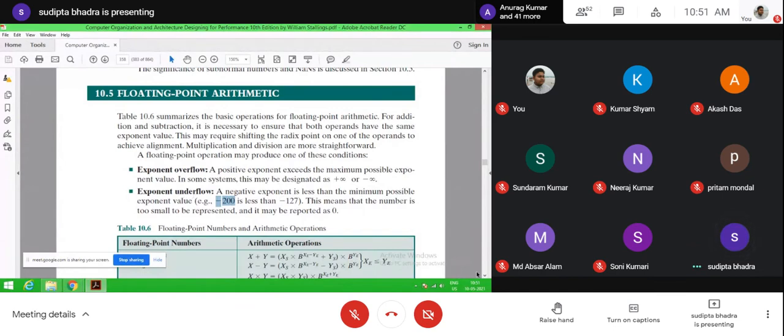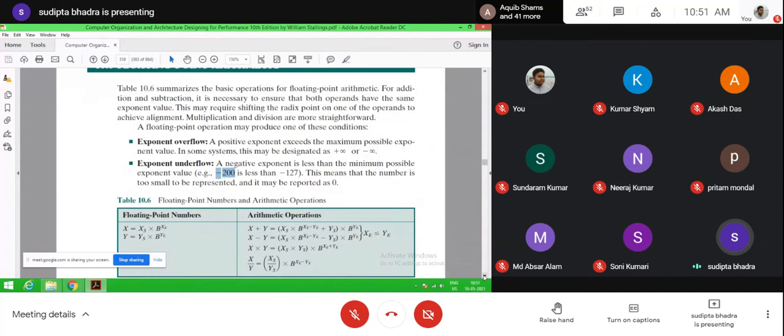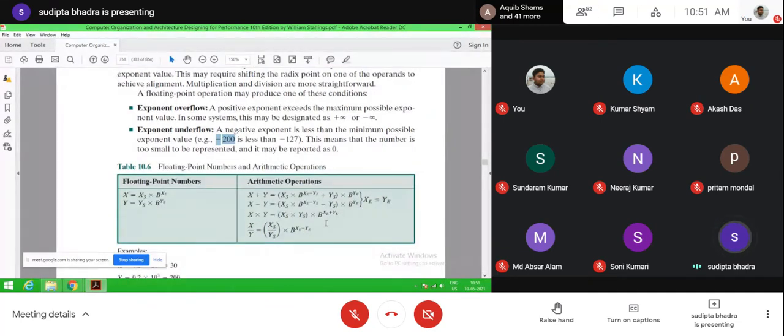So this happens in the case of addition and subtraction, when you are doing the exponent subtraction, which means exponent alignment should be there.